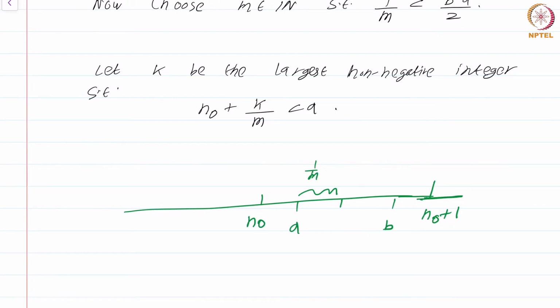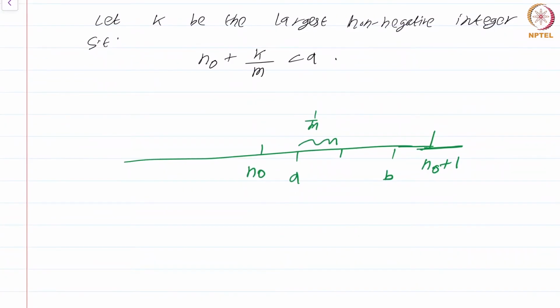Then starting from n naught, we first go to n naught plus 1 by m, then n naught plus 2 by m, and so on, and we are finding the largest integer such that n naught plus k by m is less than a.